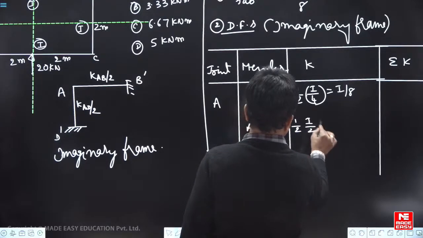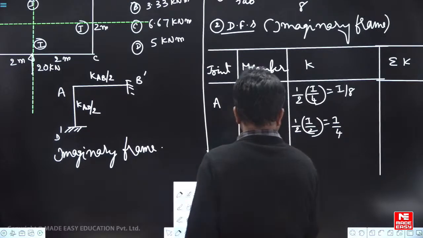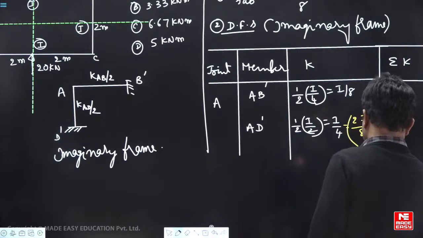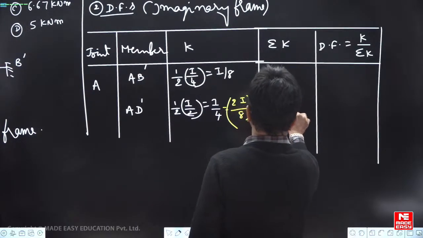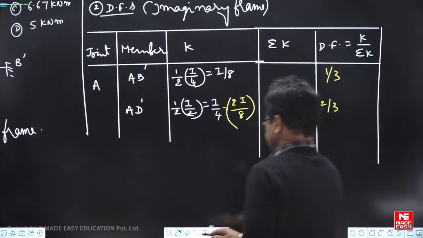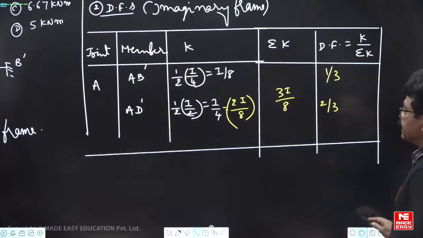Half of I by 2, you will get I by 4. To simplify the calculations, you write this as 2I by 8. Now summation will become 3I by 8. This is 1 by 3. This is 2 by 3. These are the distribution factors.